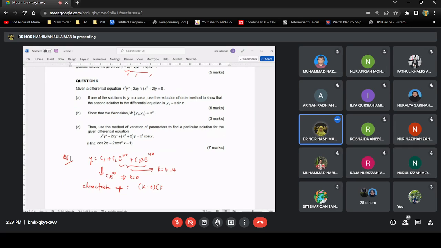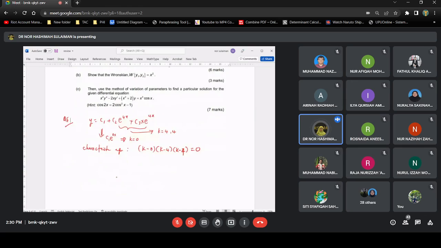So you need to expand the factor. I'm doing it step by step so that you know what's going on. Yang ini sama dengan berapa ni? Kalau darabkan 2 ni, dah apa? K kuasa 2 tolak 4k tolak 4k tambah 16. Okay, expand. K cube minus 8k squared plus 16k.